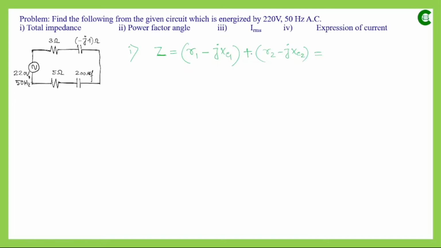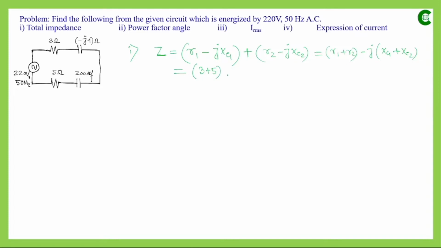Now R1 and R2 we can simply add separately since they are real values, and we can separate the imaginary parts. So it will be minus j times XC1 plus XC2, and R1 and R2 have the values 3 and 5 ohm respectively.